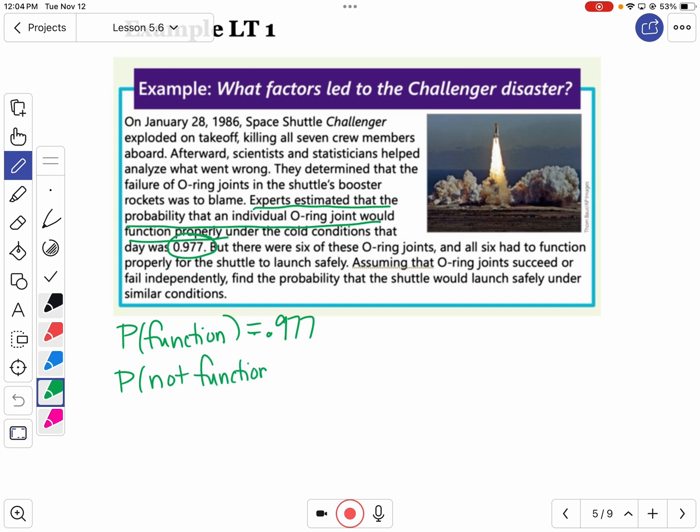Yeah, 1 minus 0.977. I don't know if we're going to need that, but that's how we do it. Now it asks me, assume that them succeeding or failing is independent. Okay, that it is independent. So it says find the probability that the shuttle would launch safely.